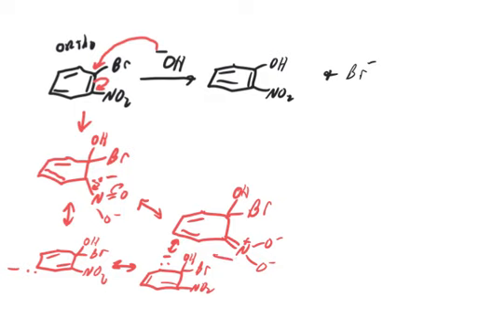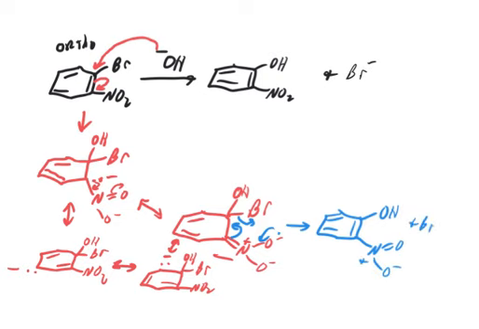And then what happens is we get elimination of our leaving group. And what we wind up with is the OH. And we reform the aromatic ring. And I'll get my nitro group back, and I'll have the Br minus as the leaving group.